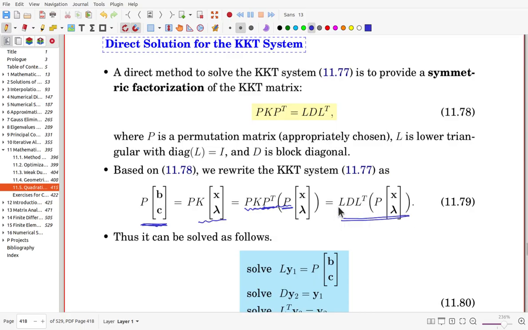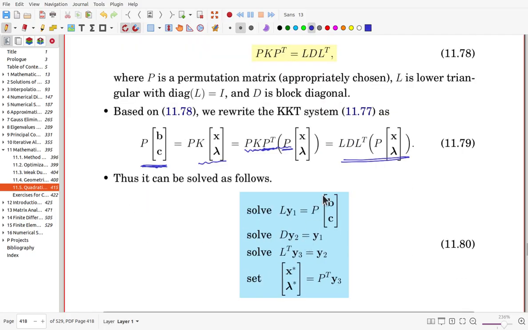Okay, so we now focus on this first term and the last term. We first invert L, so that is this one. So by inverting L for this right side, y1 is this portion. And then for this y1, we try to invert D, and after inverting D, that portion will be y2.